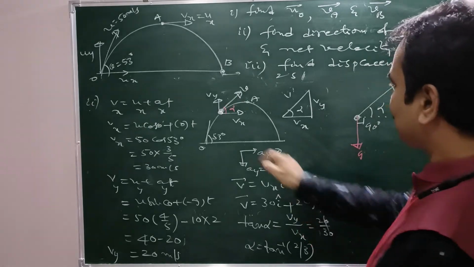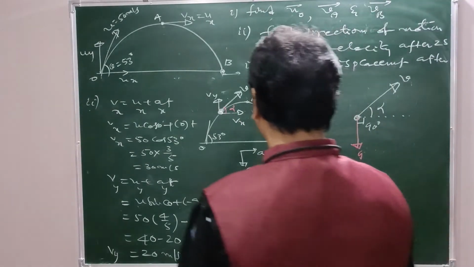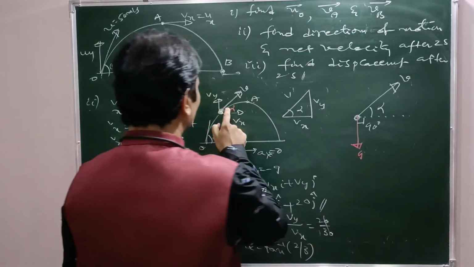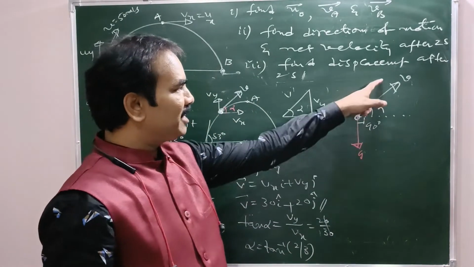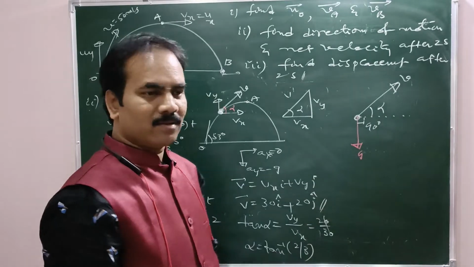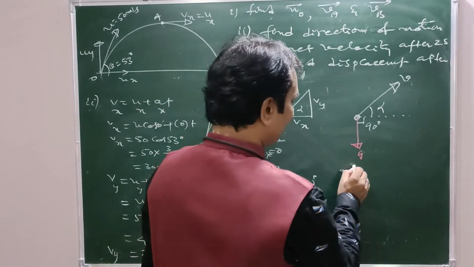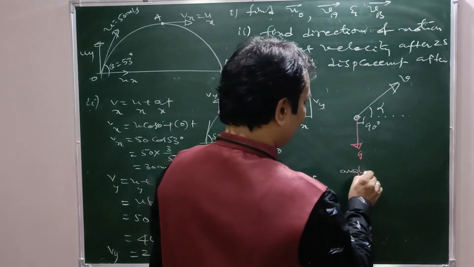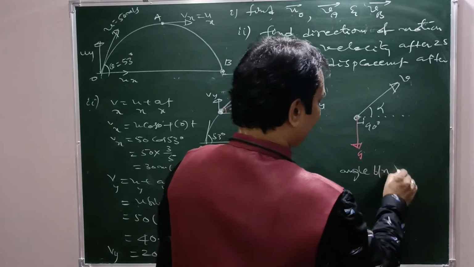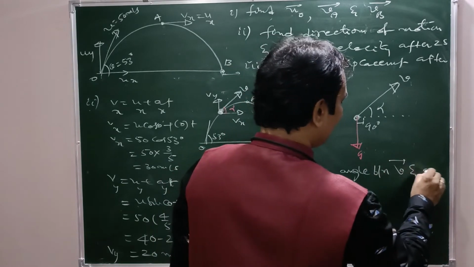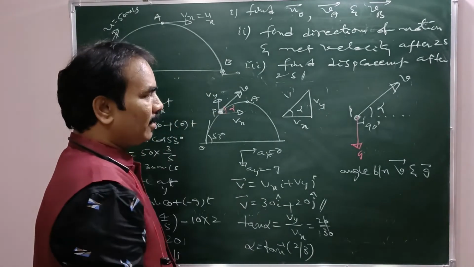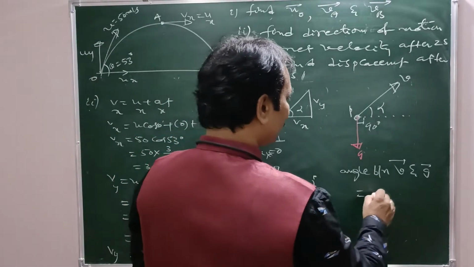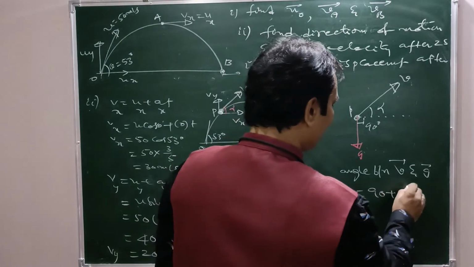Here it is alpha. So what is the angle between these two vectors? 90 plus alpha. So the angle between V bar and g bar at point P, see, this is point P, is equal to 90 plus alpha.